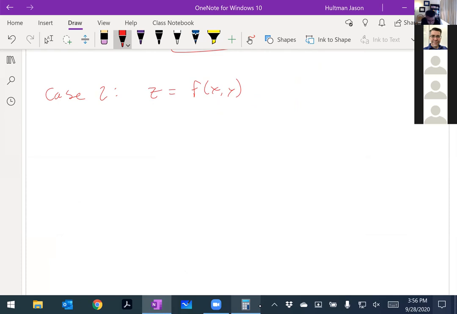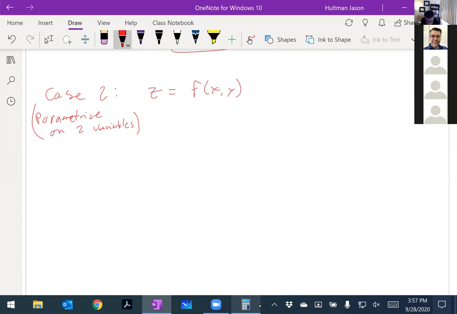Like, two variable inception here. This is when we parameterize on two variables. What happens if we have to parameterize on two variables?